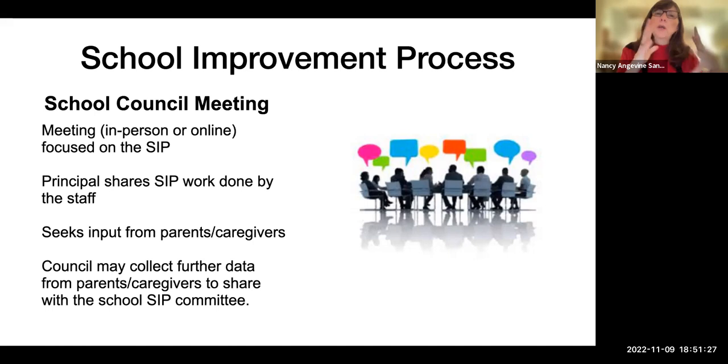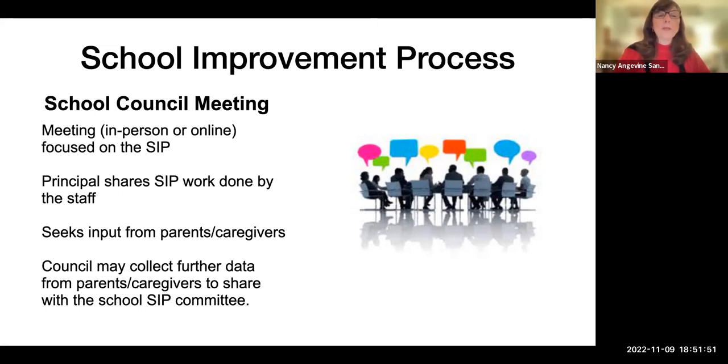It could be a separate meeting of the school council, or it could be a school council meeting where you either have the business at the beginning and make it a much smaller time frame than you normally do, or you hold off the business till the end of the meeting and the majority of the time is spent on the SIP.